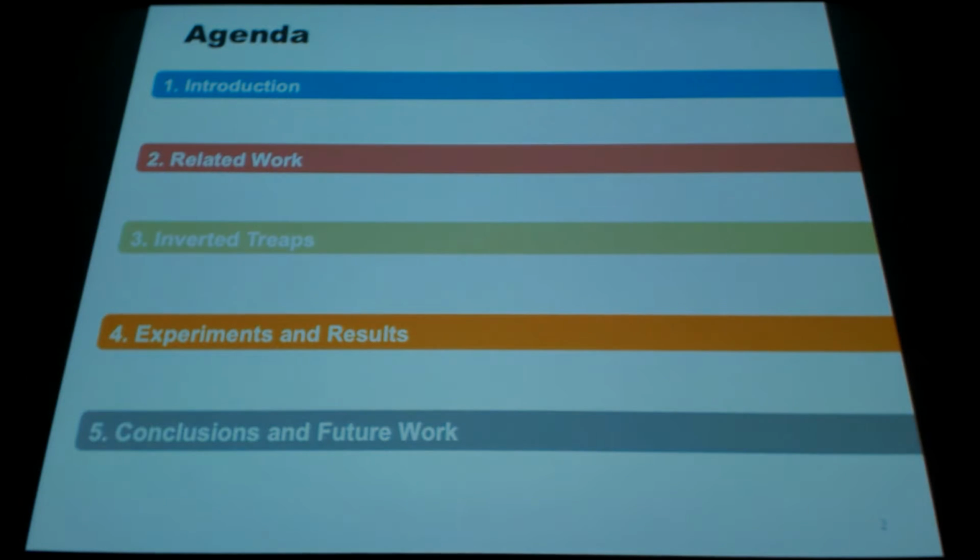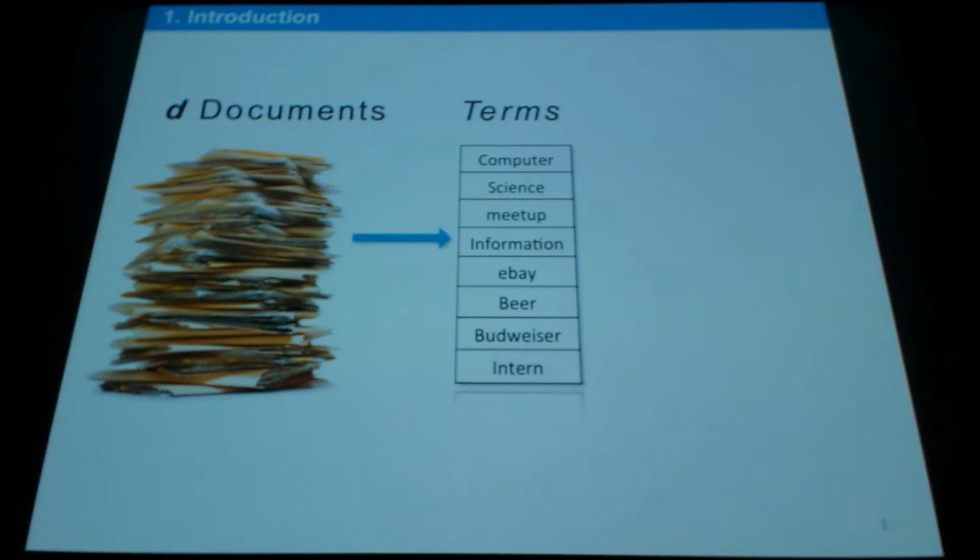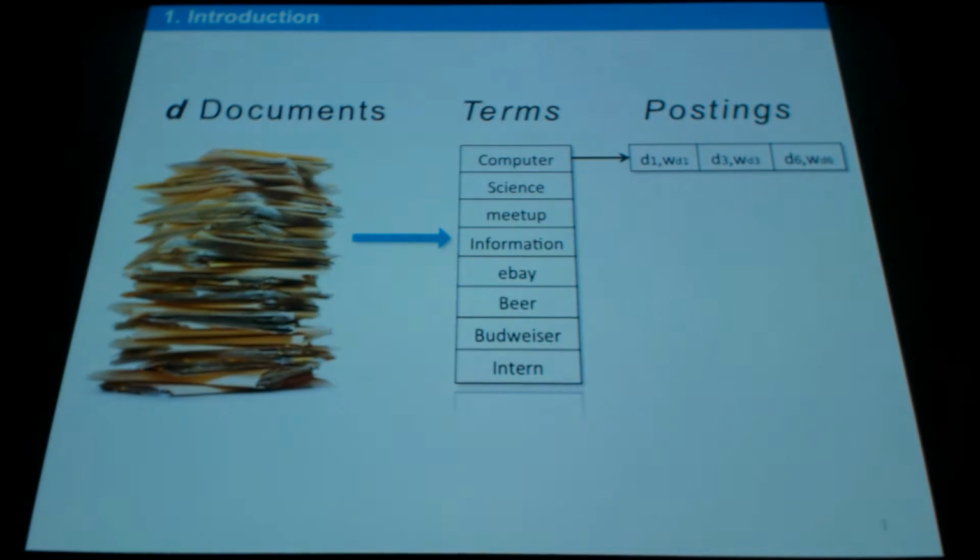As an introduction, we have a collection of D documents, a huge collection of documents. We can extract all the terms from these documents and create posting lists. Probably all of you already know this. For this presentation, the posting list will just contain the document ID and some kind of weight.